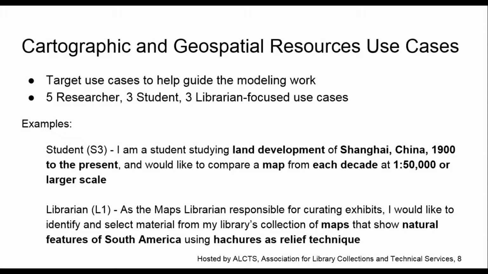Common concepts that came up across the use cases were, of course, types of cartographic material, feature types on maps, time components, scale, relief, and of course, location, both coordinate-based and place name-based.